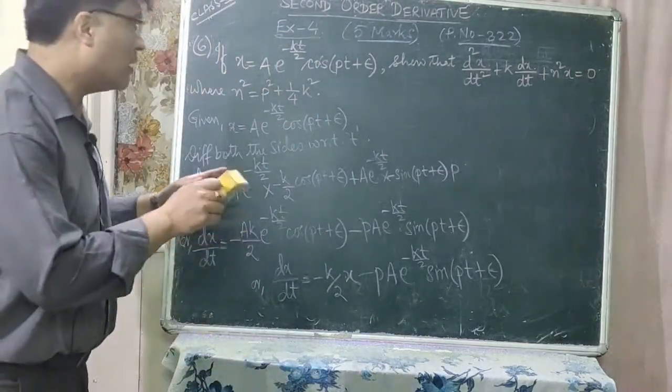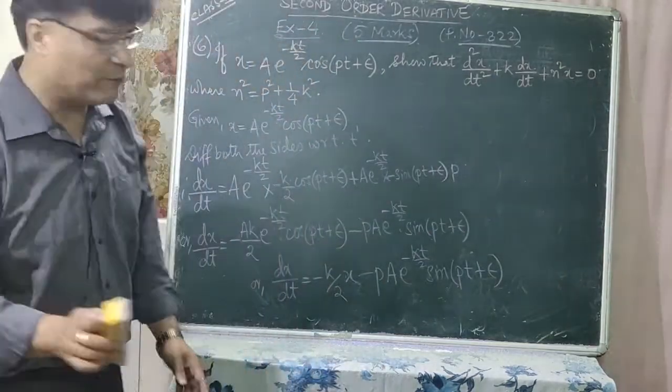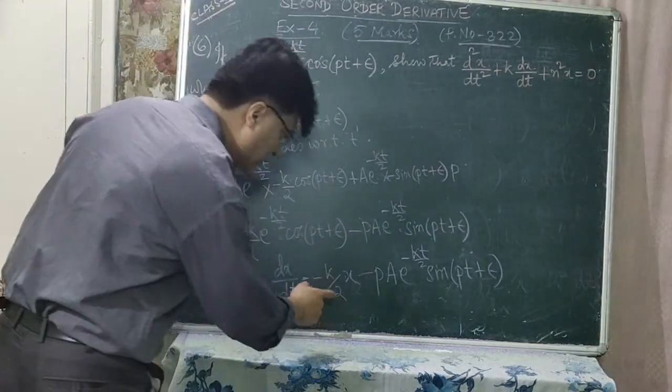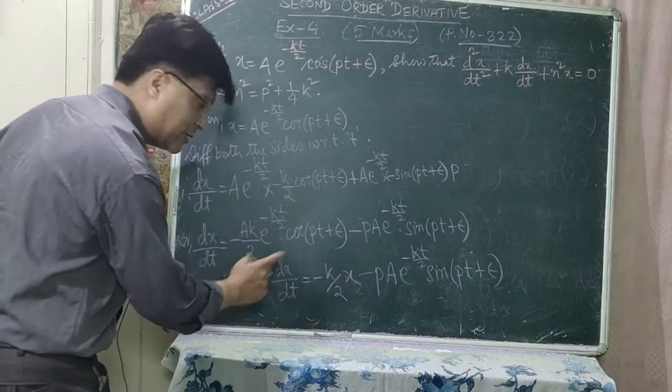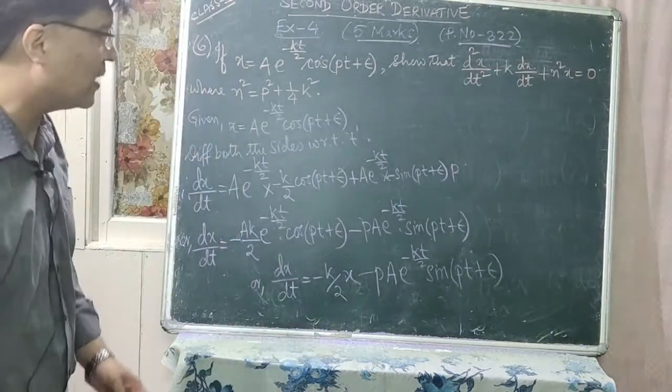Okay. Now again you have to differentiate this term in order to prove this required result. But before that, you can take the term containing x on the left hand side. That is minus kx by 2. Take it to the left hand side. Okay.